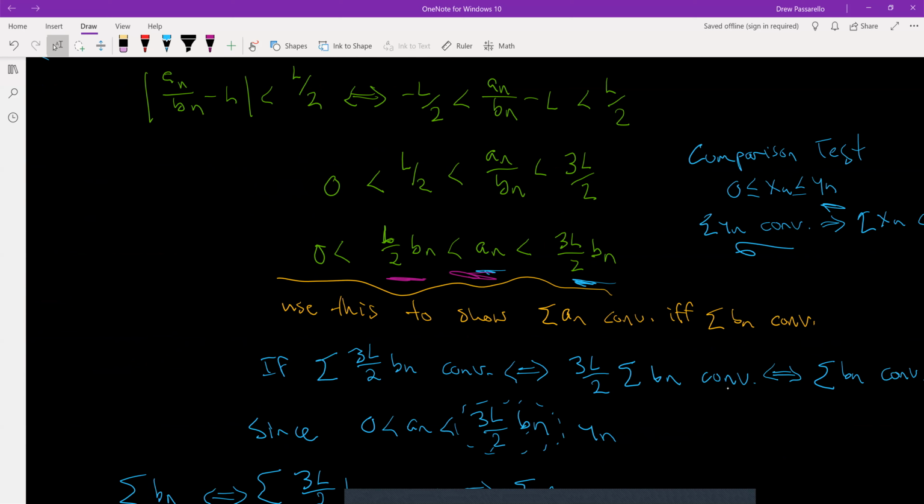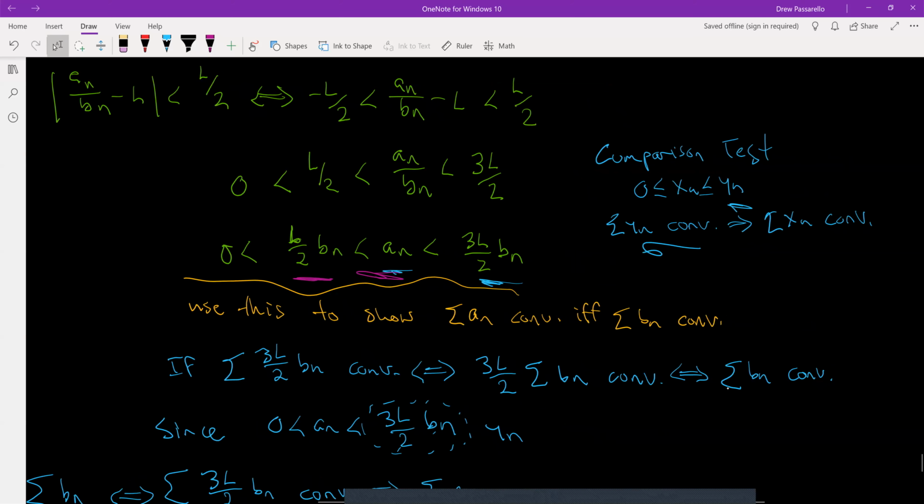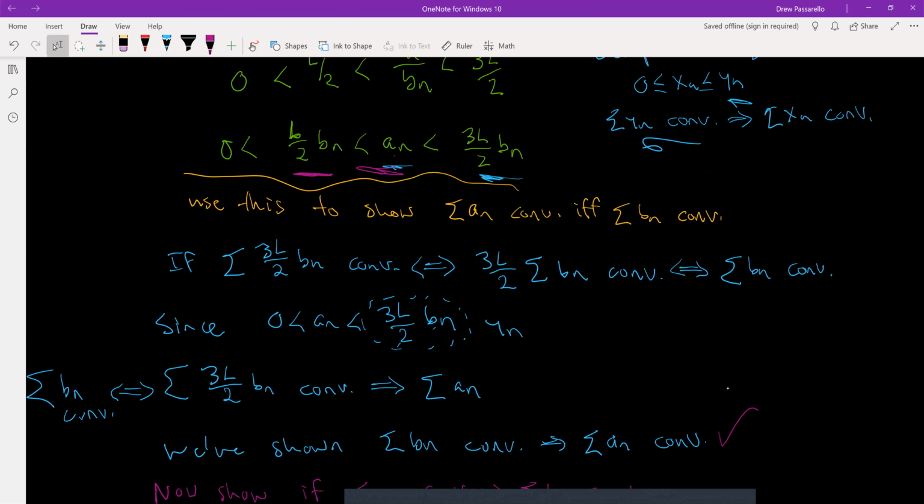The first part we showed that the series an converges by making note of the inequality an less than 3L over 2 bn. So if the series bn converges, then the series 3L over 2 times bn converges. 3L over 2 times bn is bigger than an, so the convergence of that implies the convergence of an.